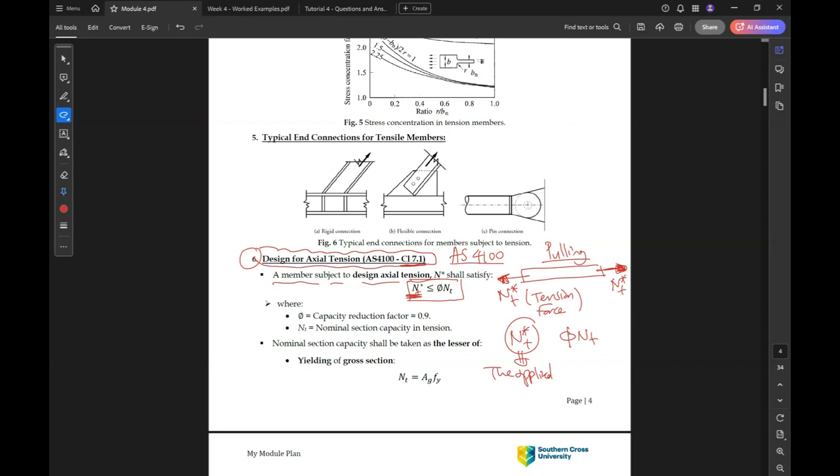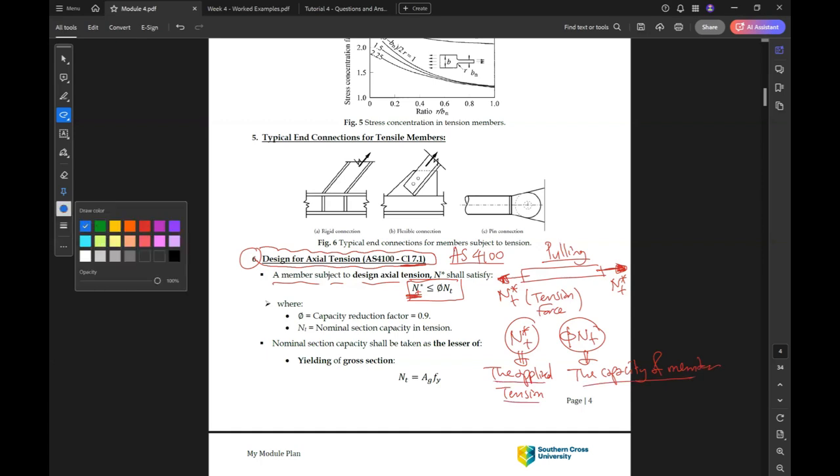The other side is the capacity of the member. To make the design safe, we need to make sure that the applied tension is less than or equal to the capacity of the member. When we satisfy this condition, the design is safe.